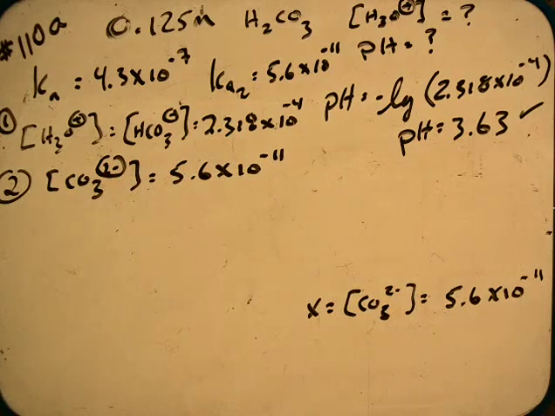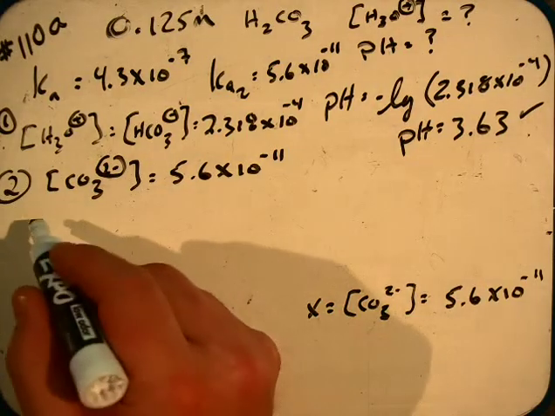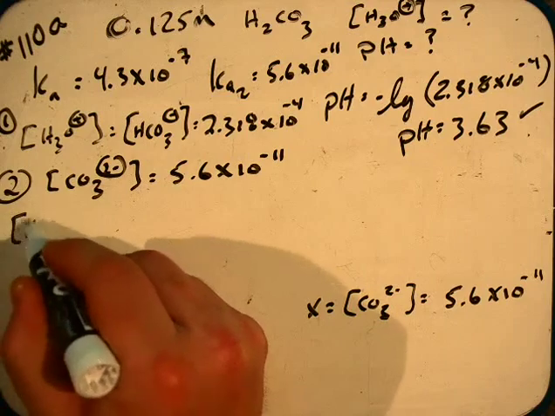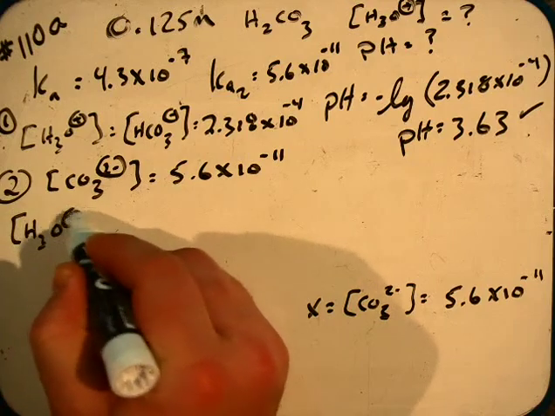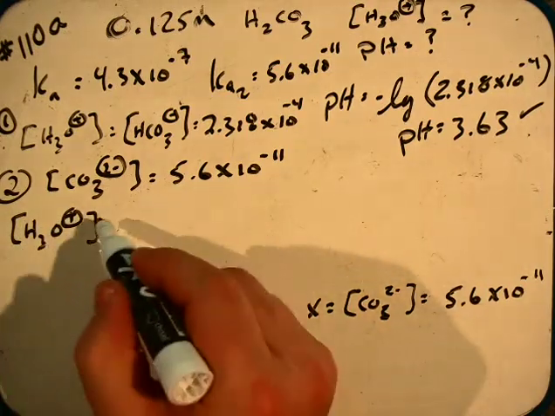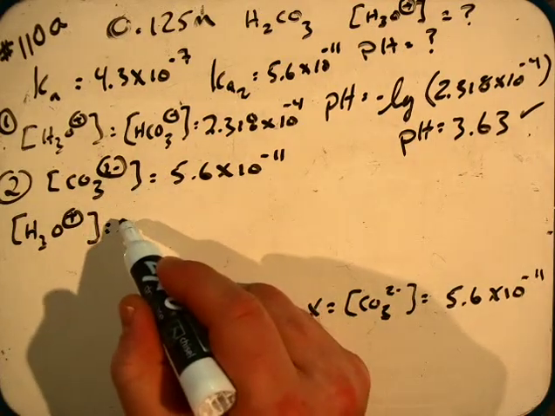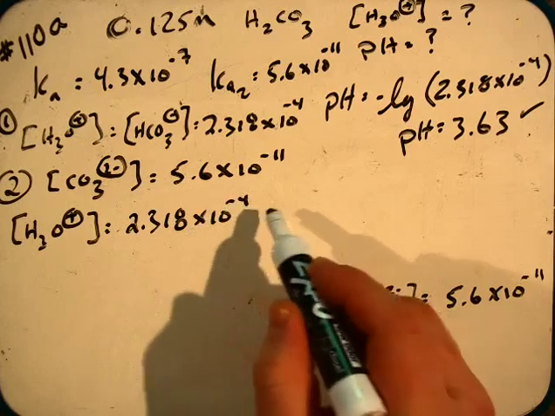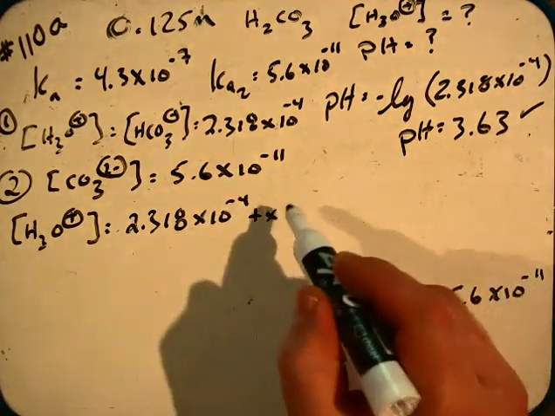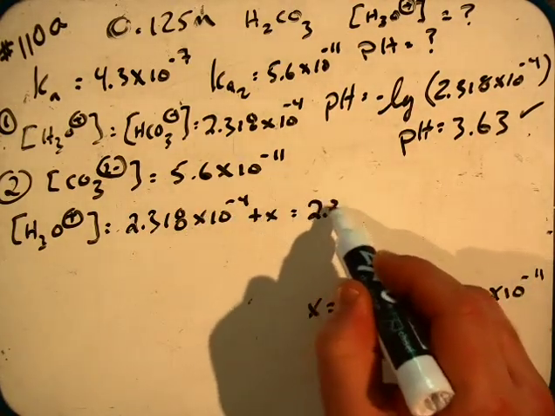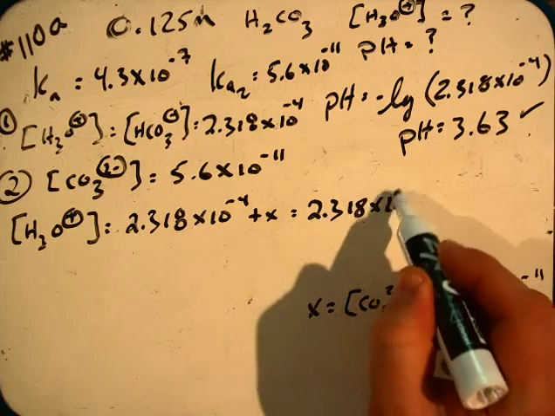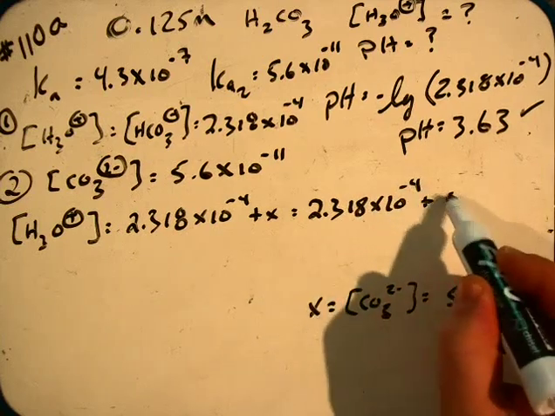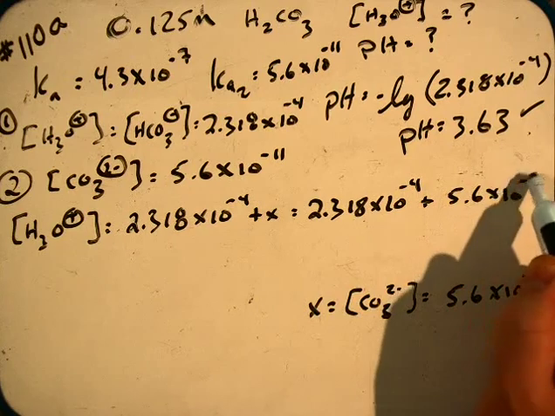Now let's see how that change, because remember that's x, impacts our other concentrations. For our H3O+, that was equal to 2.318 times 10 to the negative 4th plus x, or 2.318 times 10 to the negative 4th plus 5.6 times 10 to the negative 11th.